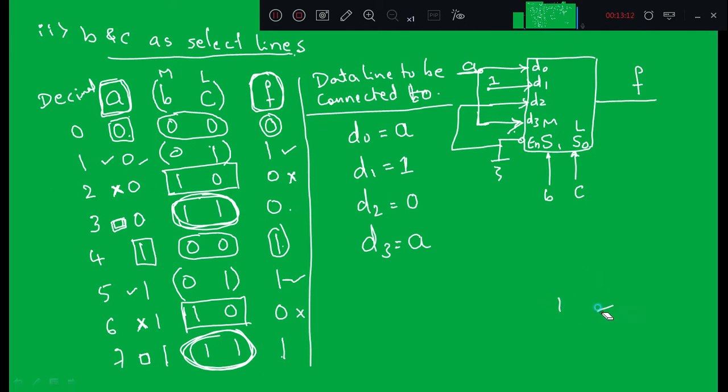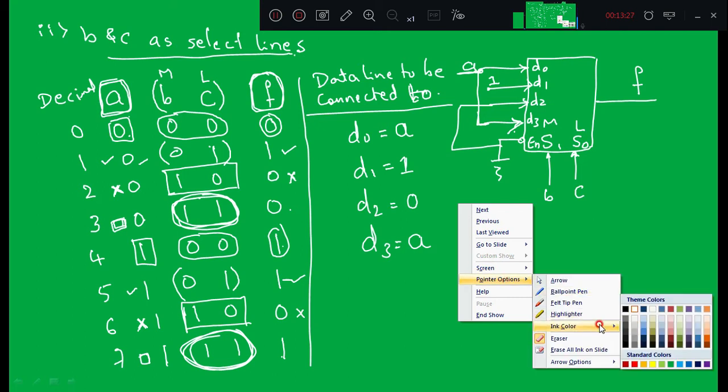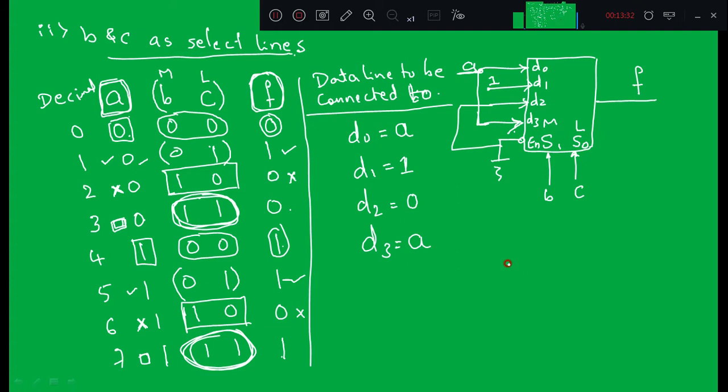So which cells you need to identify, that is important. It is left to you, either you go with the truth table method or a K-map method. That method will not be told in the question. He'll just tell you to design this function using mux.